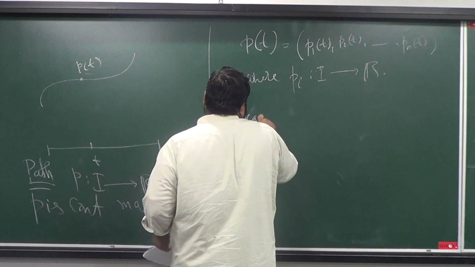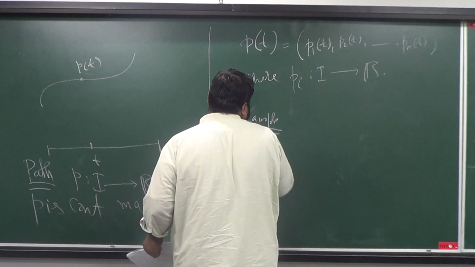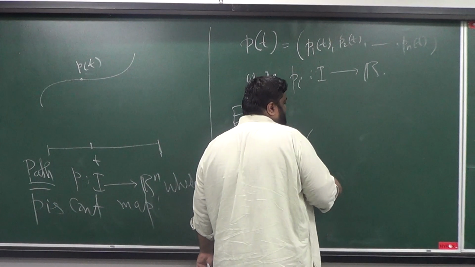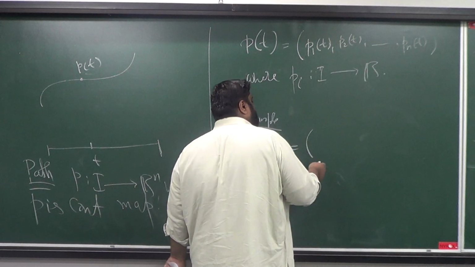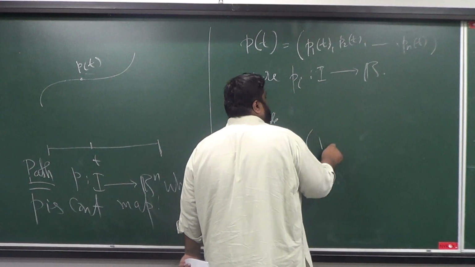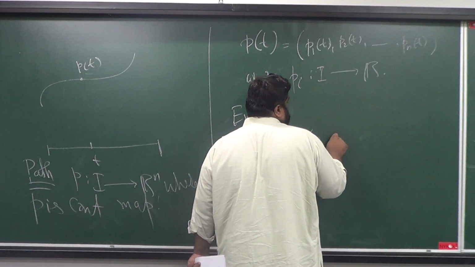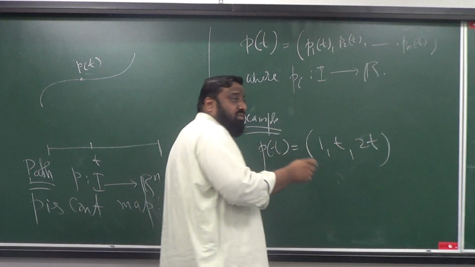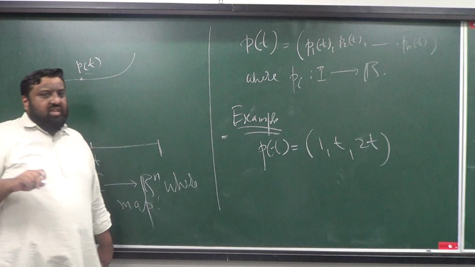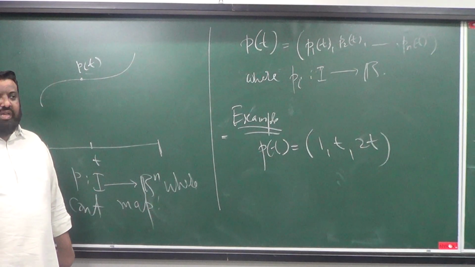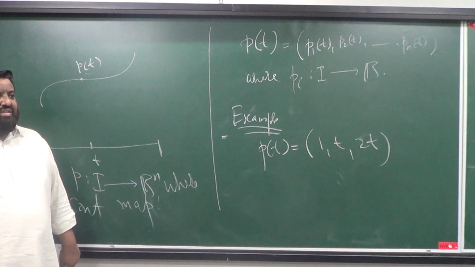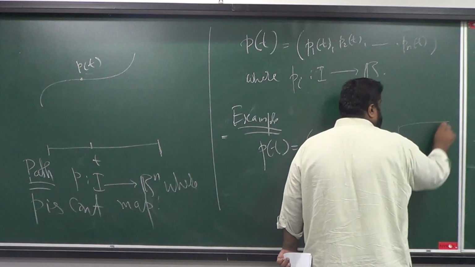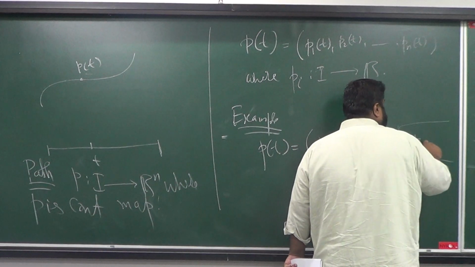One example could be, say, if I say my P of t is the same, say 1 and 1 plus t. So what would this be? This would be the equation of a line. So it's a straight line. How can I see that this is a straight line?